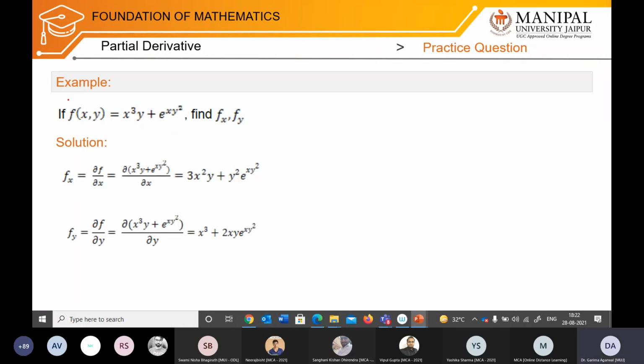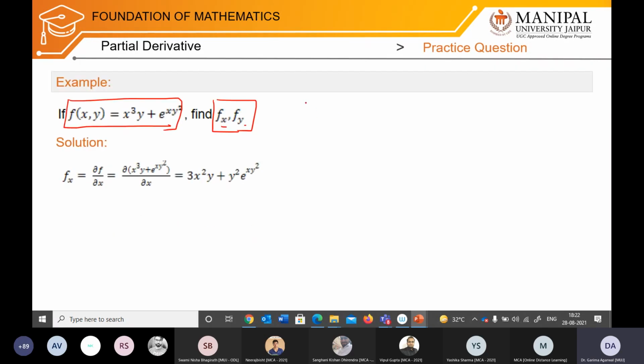Now in this example, we need to find the partial differentiation of this function with respect to x and y. fx, this fx means del f by del x, means y will be treated as constant. So differentiation of x cube is 3x square, y is constant.